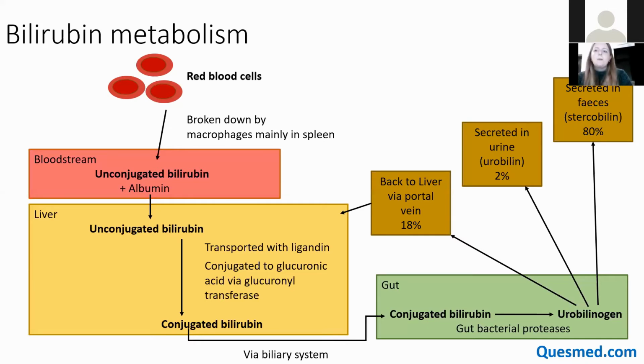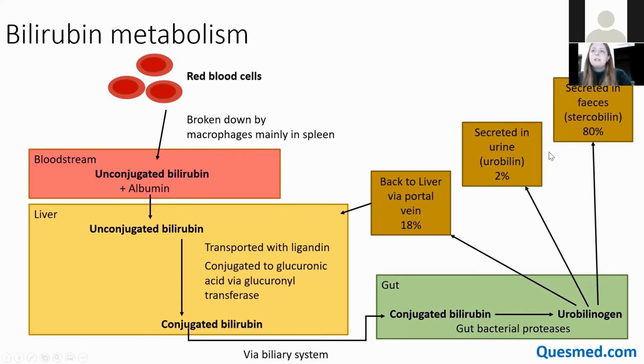So it either goes back into the bloodstream and then ends up back in the liver. Some of it in the bloodstream, instead of going to the liver, goes to the kidneys, where it becomes urobilin. Urobilin is then excreted in the urine, and it's what partially gives urine that yellow colour.